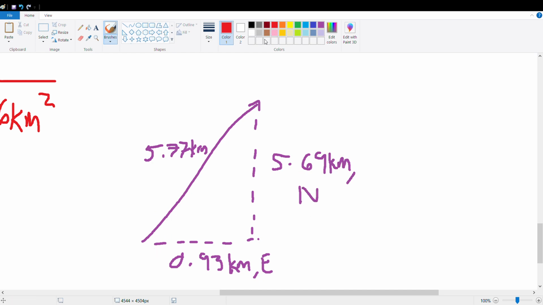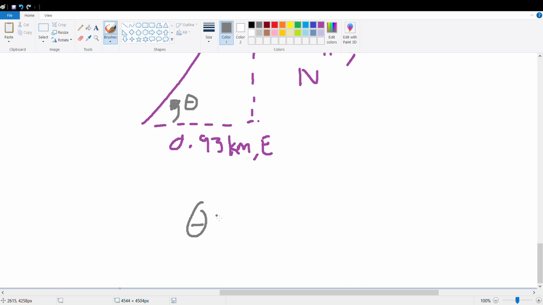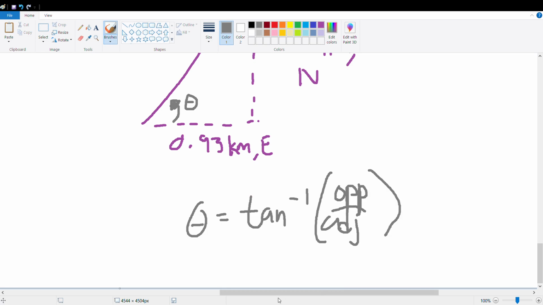So going east or whatever, it doesn't matter which direction, as long as you find what you're trying to find. Since we made a triangle like this, we're going to draw the angle towards the hypotenuse like this. So theta is equivalent to tan inverse of opposite over adjacent, right?